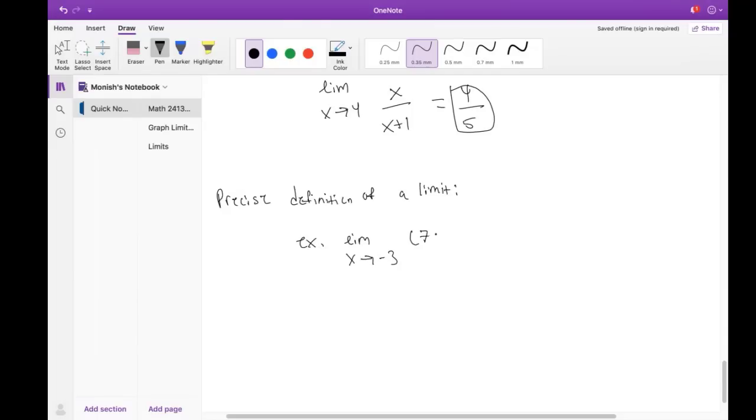So if they gave you 7x minus 9 equals negative 30, so this is the given information.